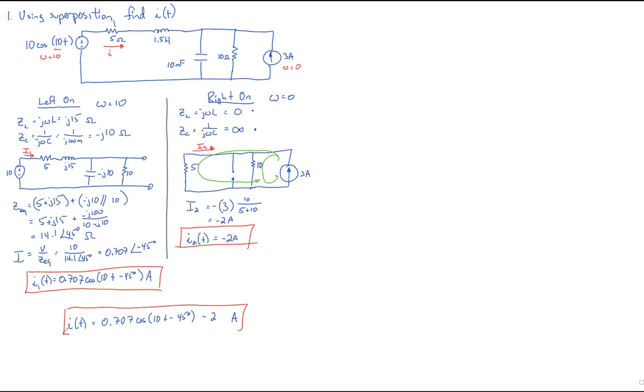And that's the answer. Now notice you can't accidentally add in the frequency domain. You can't accidentally add this phasor to this phasor, because if you tried, you'd end up having to plug in what omega is, and you wouldn't be able to find a single omega for both of those. And so that would be the signal that you've got to first convert back to the time domain before you add them together.